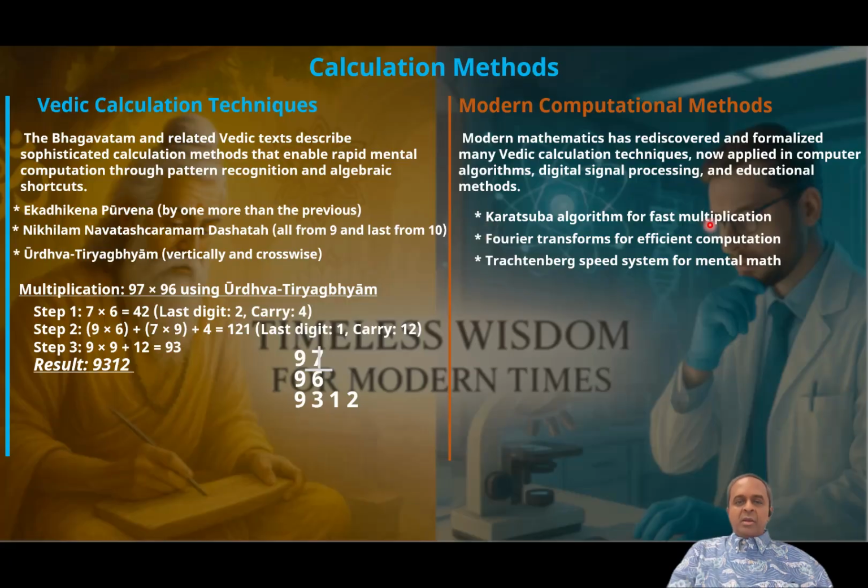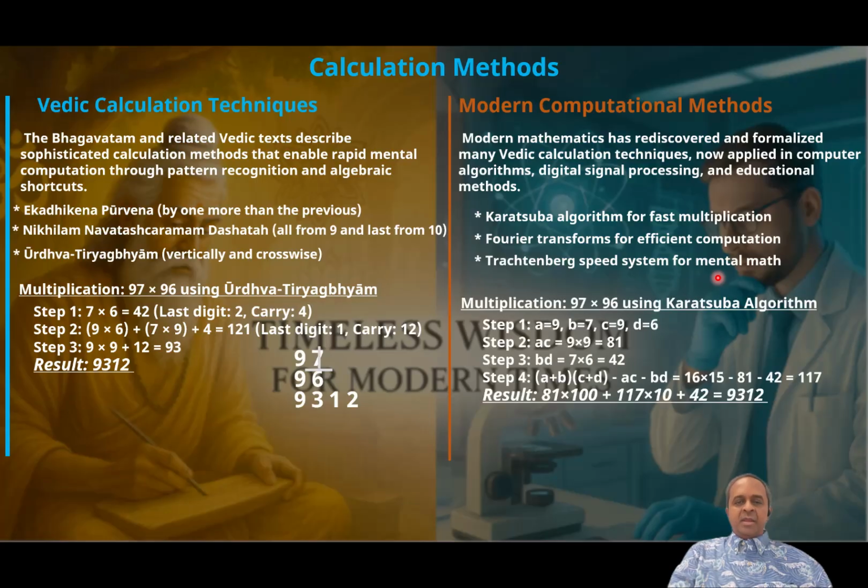The Karatsuba algorithm for fast multiplication follows the same logical pattern as Urdhva Tiryagbhyam, right? Fourier transforms for efficient computation use similar pattern recognition principles. Pay attention to that, right? The Trachtenberg speed system for mental math is essentially a rediscovery of ancient Vedic techniques.